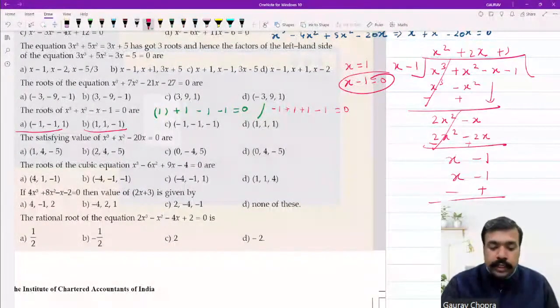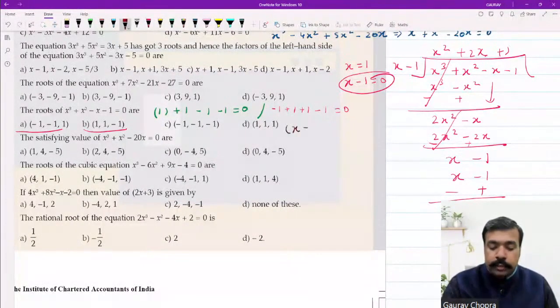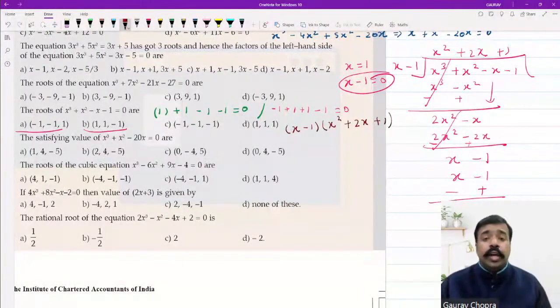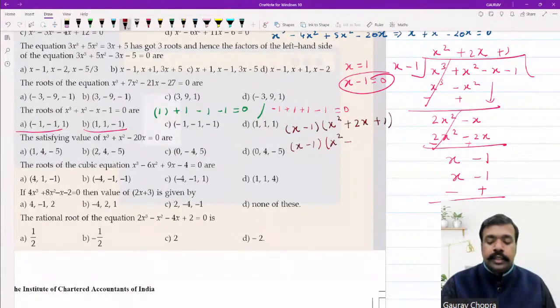So what is the equation which we are getting? We are getting x minus 1 multiplied with x square plus 2x plus 1. Now we can split this. So x minus 1, and this can be written as x square plus x plus x plus 1.